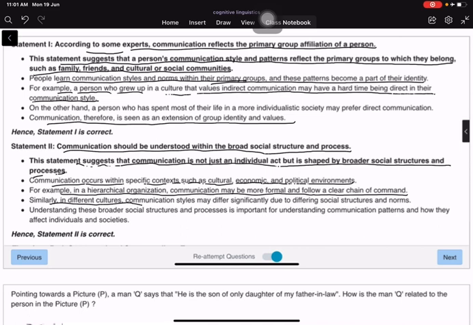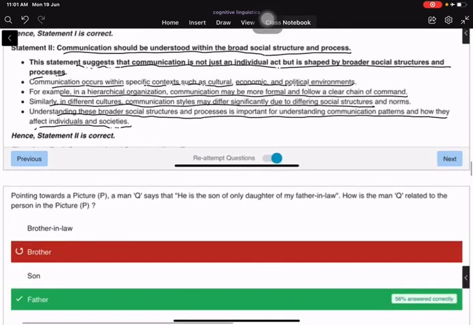Similarly, in different cultures, communication styles may differ significantly due to differing social structures and norms. Understanding these broader social structures and processes is important for understanding communication patterns and how they affect individual societies.